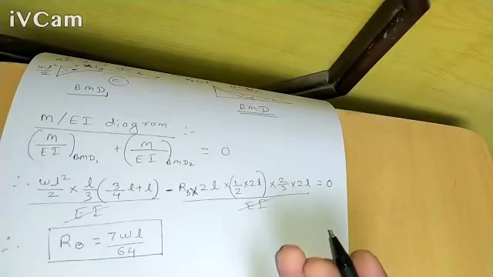So this is RA, and this is how the reactions are to be calculated for RA as well as RB.